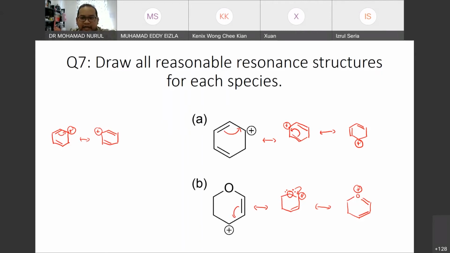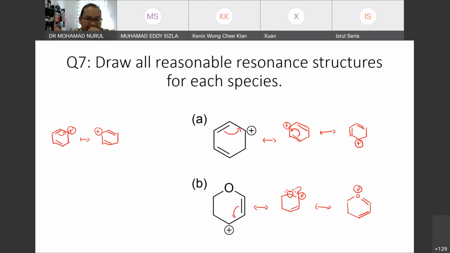I realize we do more exercise on resonance because I just want to make everybody understand about the resonance structures. For hybridizations and geometry, I think it's quite simple for you because it's quite direct. You see 2 groups is linear, 3 groups is planar, right?